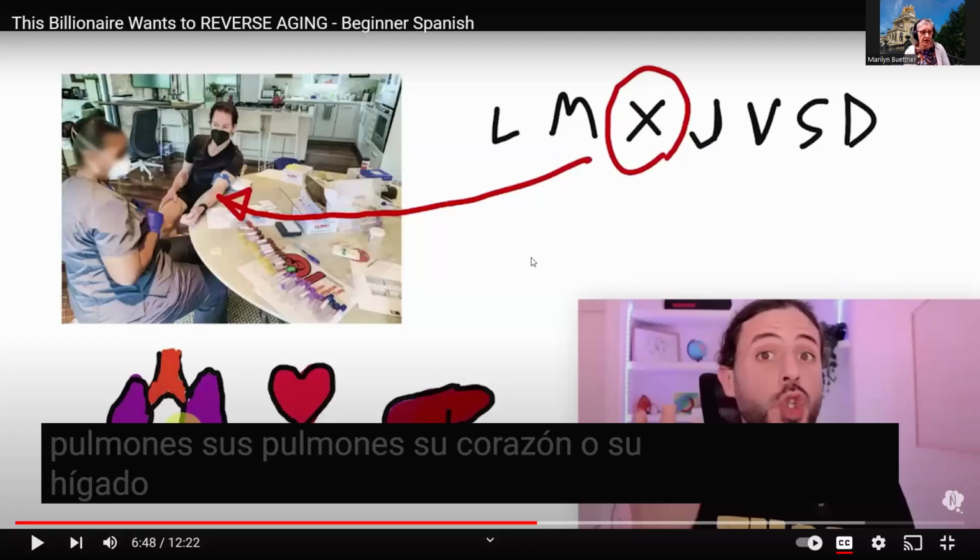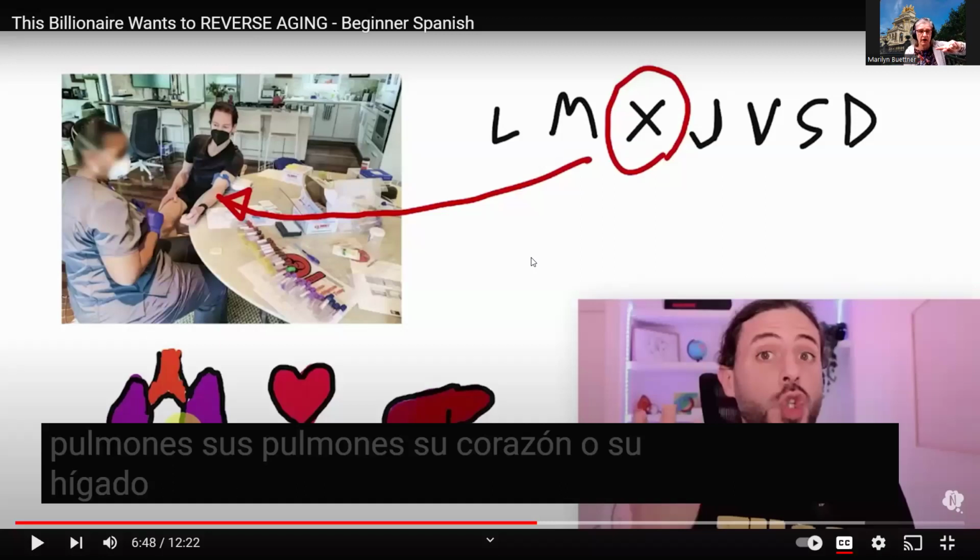Sus pulmones, his lungs. That sus is plural, even though it means his. His is only one person, but the sus is a plural word because the sus has to look at the thing that is owned. And because you've got two lungs, pulmones, and it's a plural word, the word sus has to go plural. Okay. So even though only one person owns that set of two lungs, the word pulmones is a plural word. But then it goes back to singular.